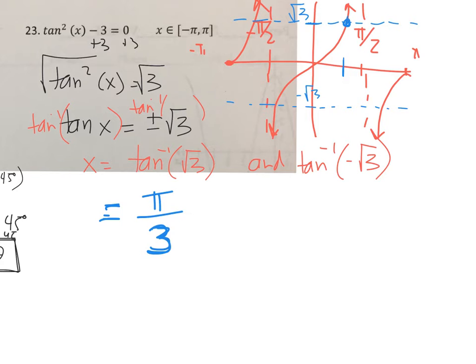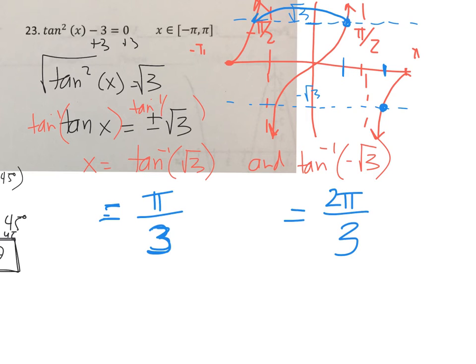And then the tangent is negative root 3, also from your unit circle, which is going to be right here. Tangent is negative root 3 at 2 pi over 3. Those are the two places on your unit circle, both from the top half, from 0 to pi, where the tangent is positive and negative root 3.